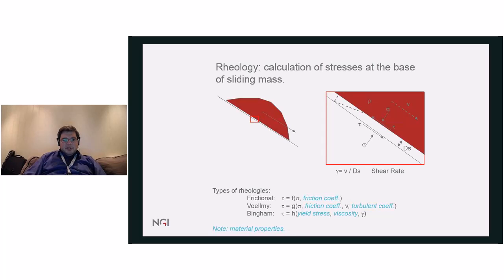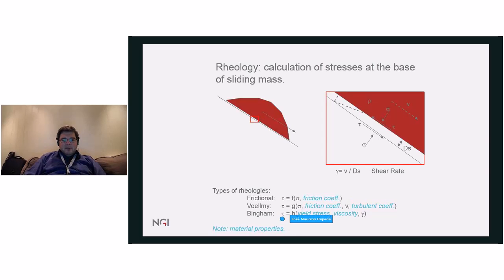These are three very common types of rheologies. The frictional rheology, in which the shear stress is related to the normal stress and a friction coefficient. The Voellmy model, which is similar to the frictional, but in addition we also have a dependency on the velocity and on a parameter called the turbulence coefficient.